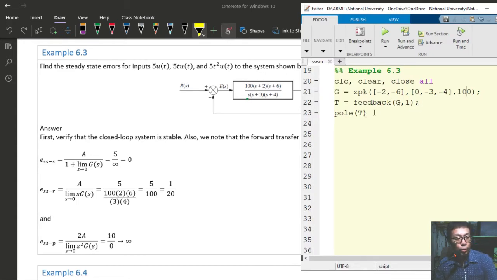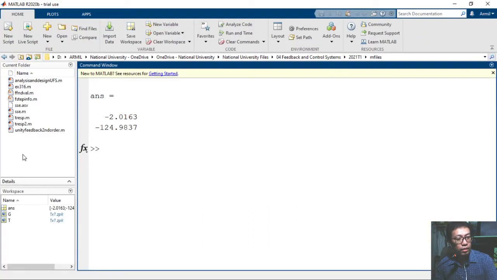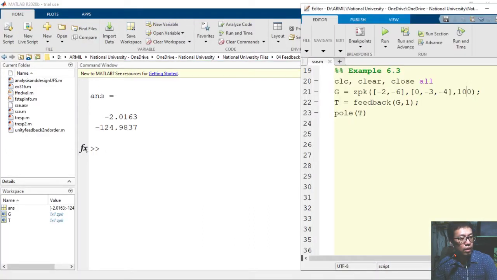Okay, and then let's compute for the poles. So yung closed loop poles nung system ay located at negative 0.9 o 6.1. So lahat yan ay real poles pero lahat negative.